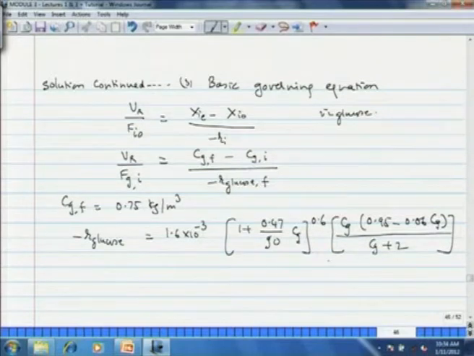And then here we do not have to perform any integration, you have to simply substitute CgF here and then calculate.